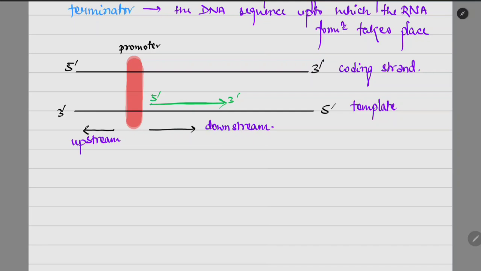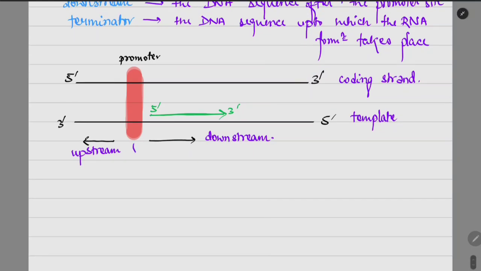Now, these sequences are in the promoter. This promoter helps to bind the RNA polymerase. There are different specific sequences present in the upstream region which help in the transcription process. One example is the TATA box.